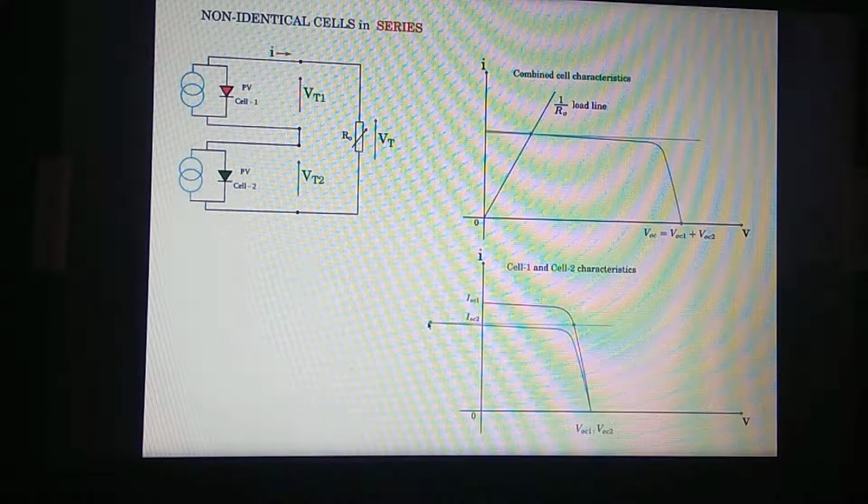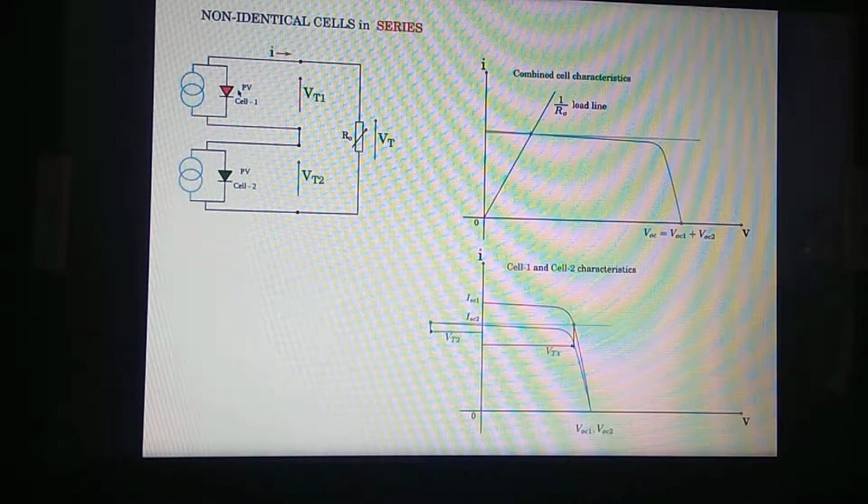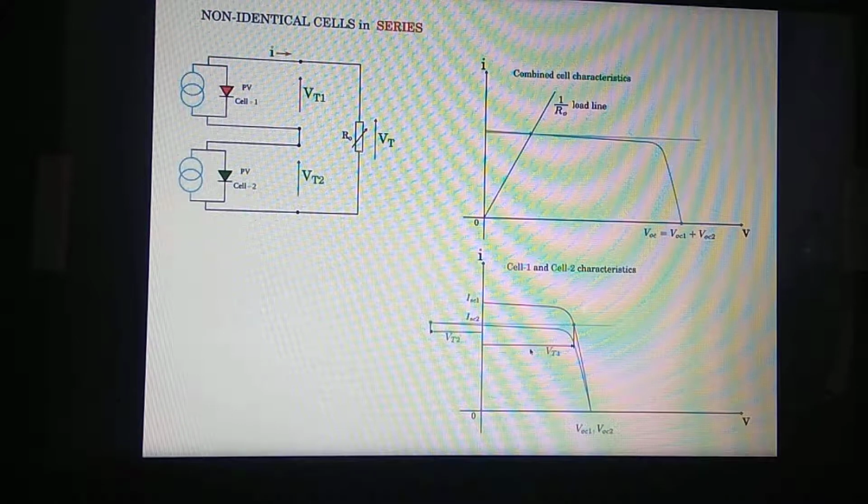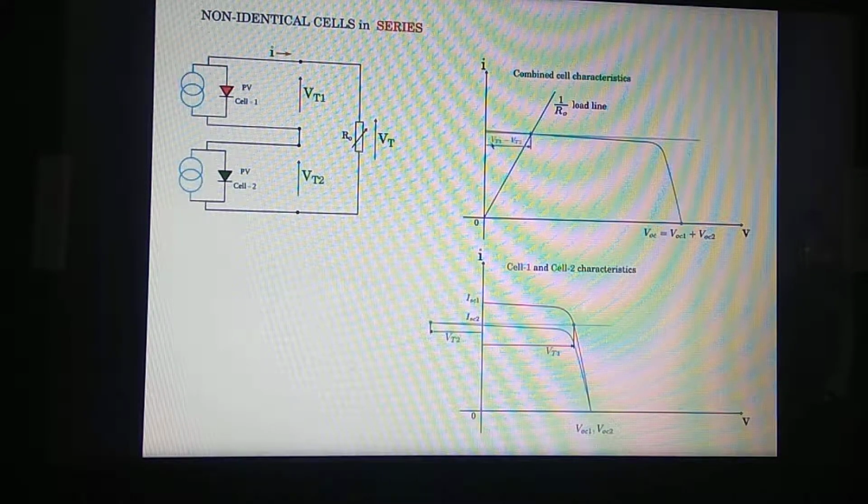This is a sink quadrant for cell 2. So the voltage here becomes negative. This is a negative voltage appearing across this, and this is a positive voltage with respect to the cell. So cell 1 is acting as a source, cell 2 is acting as a sink. Summation of this one, VT1 minus VT2, is actually this point.